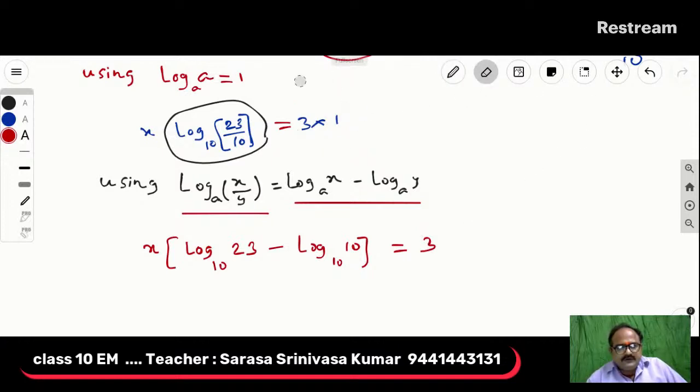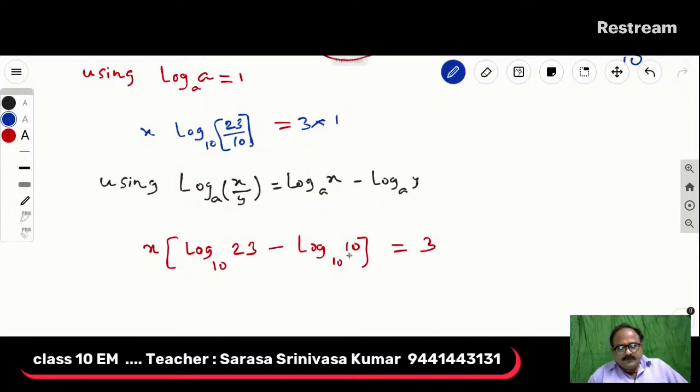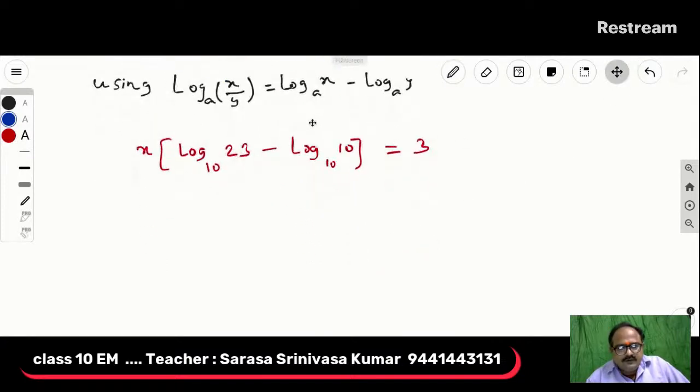So you must understand this concept. On the left hand side we have log 23 by 10 to the base 10. It can be written as log 23 base 10 minus log 10 base 10. Now again we use the formula log a base a.